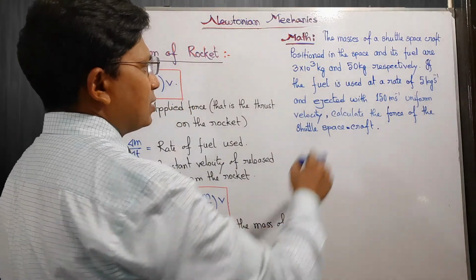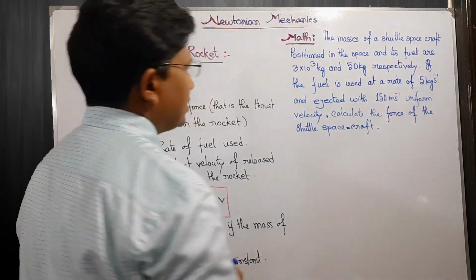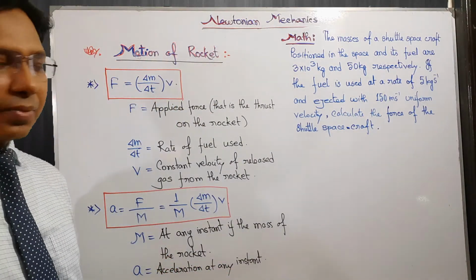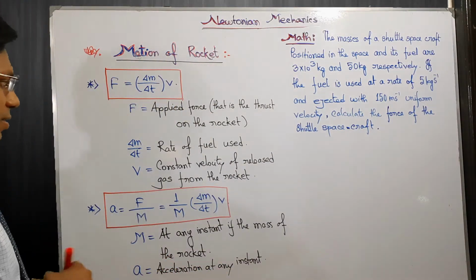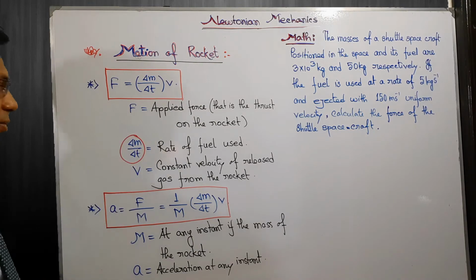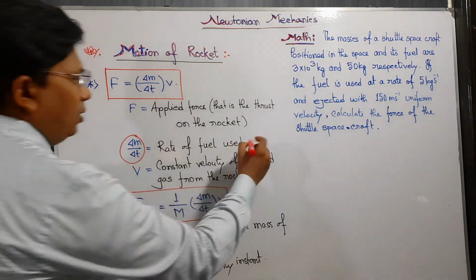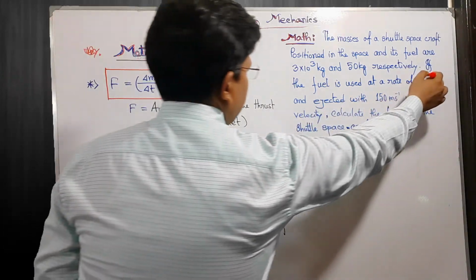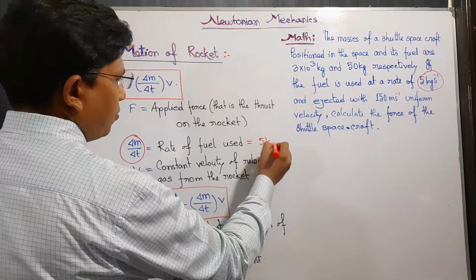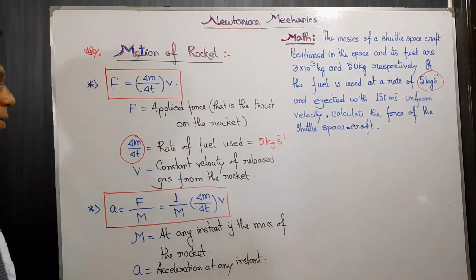If the fuel is used at a rate of 5 kg per second, this is the value of del m by del t, 5 kg per second.